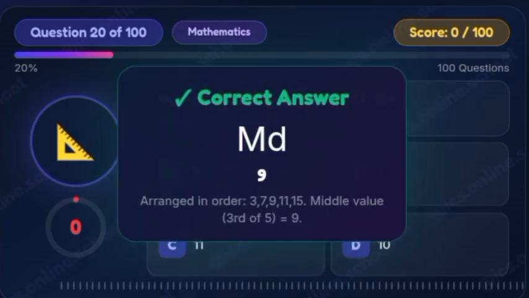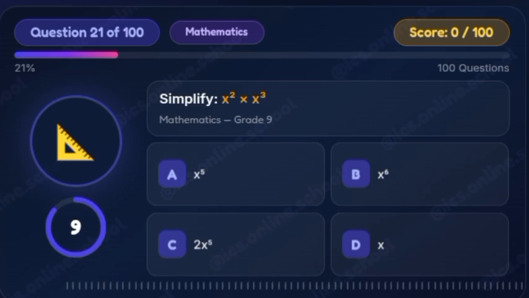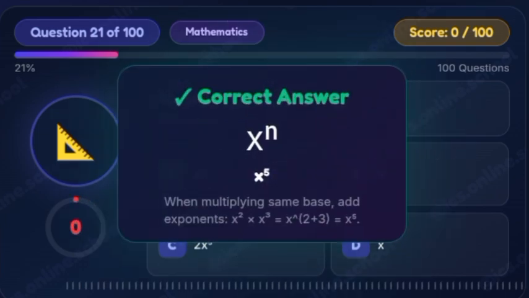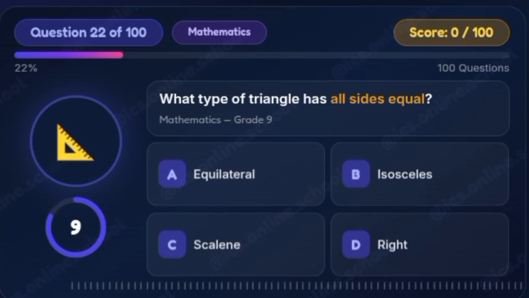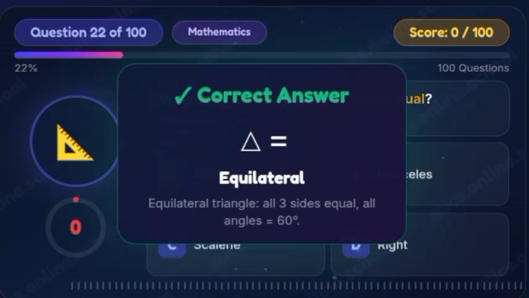Nine. Simplify x squared times x cubed. What will be the final product? X raised to 5. What type of triangle has all sides equal? Equilateral.